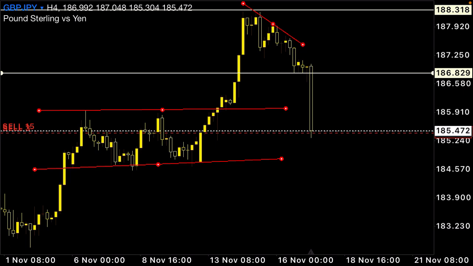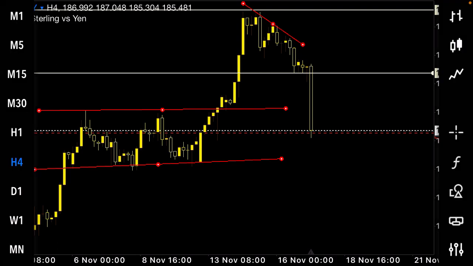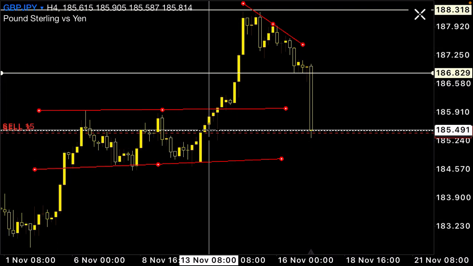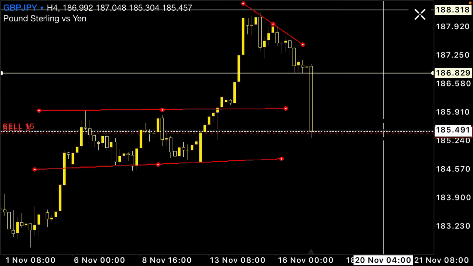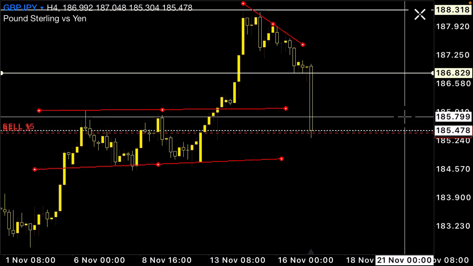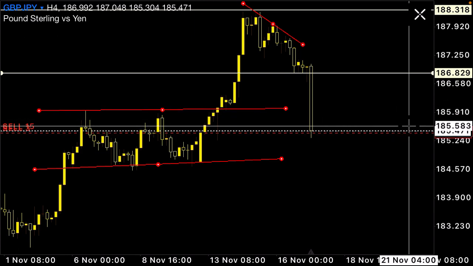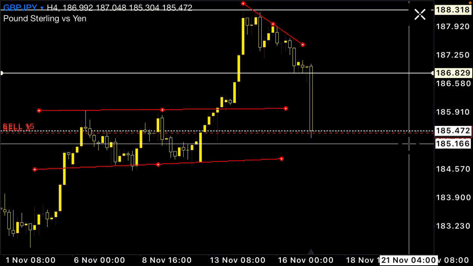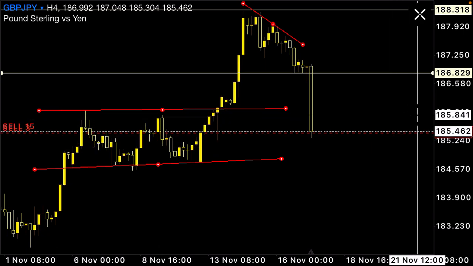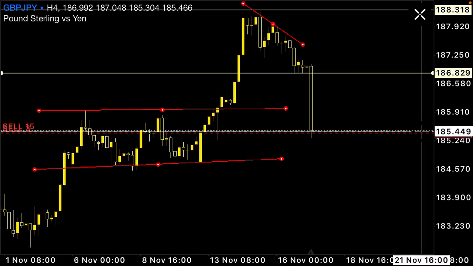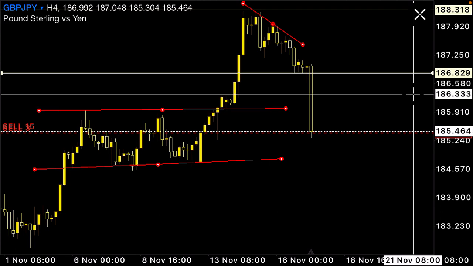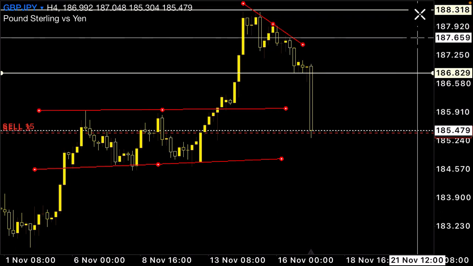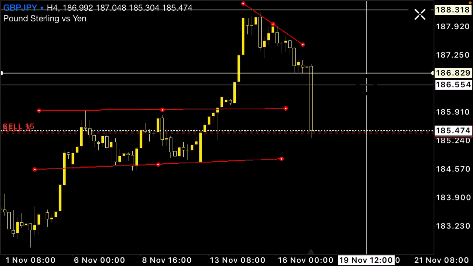It's either just going to sit here all night and start another channel going like this, waiting for Monday, and then Monday it might not be a very busy day, and it'll just keep going all day in a channel. Or it just might break out and go down more, or it might just break back up and head back up the other direction. But the run is pretty much over for the night.